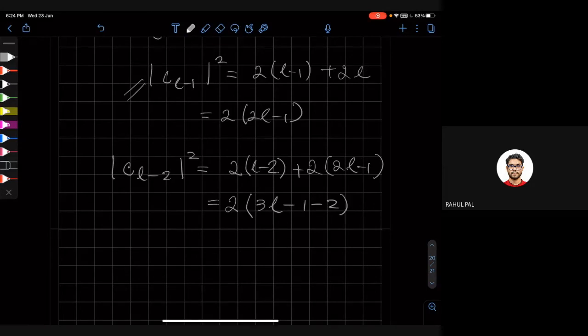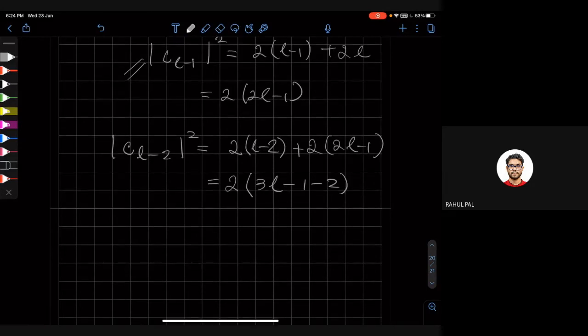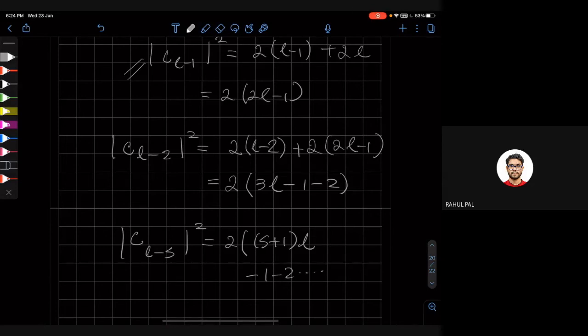Now, suppose that we do this S times. So |C_{L-S}|^2 is going to be 2 times S plus 1 times L, and then minus 1 minus 2 dot dot dot minus S. You get to it by using the lowering operator S times.